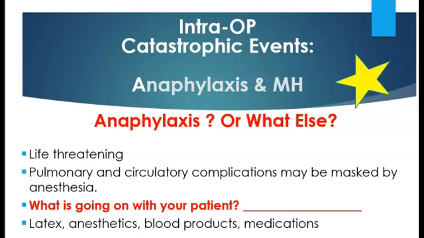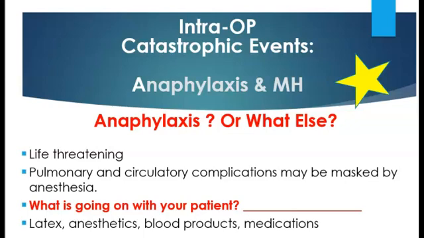Complications may be masked by vitals or some of the anesthesia. Most importantly, we need to make sure we're understanding what's going on with the patient. We're looking at the vitals. Is the heart rate just going through the roof? Are they tachycardic? Or are they bradycardic? Is the temperature going so high that we're starting to worry about MH?